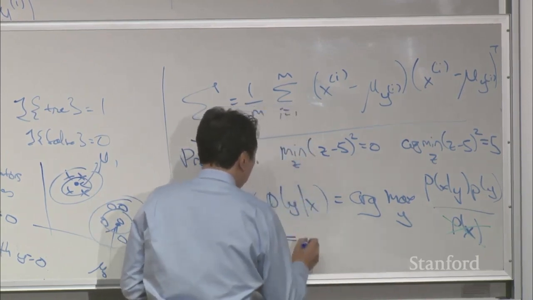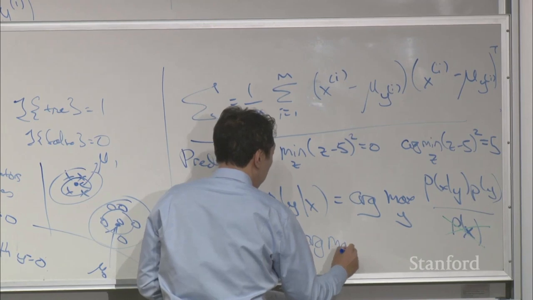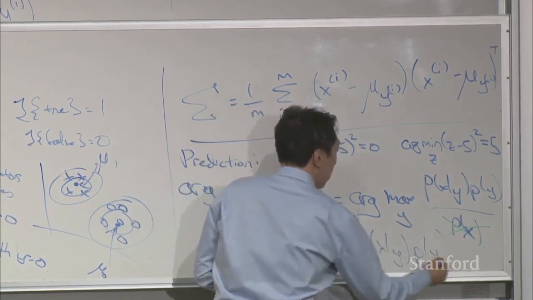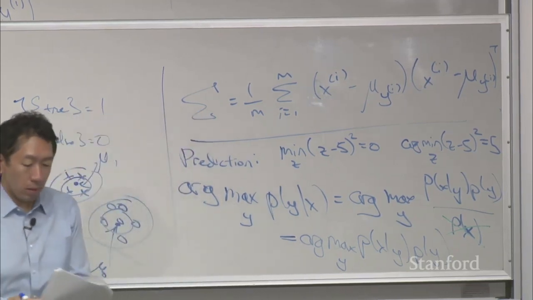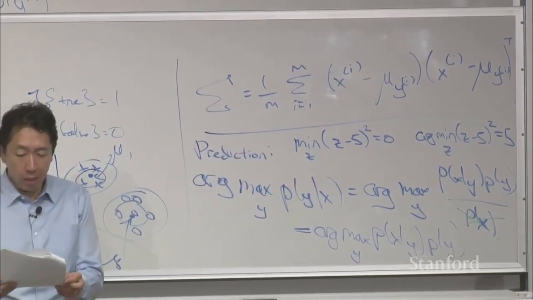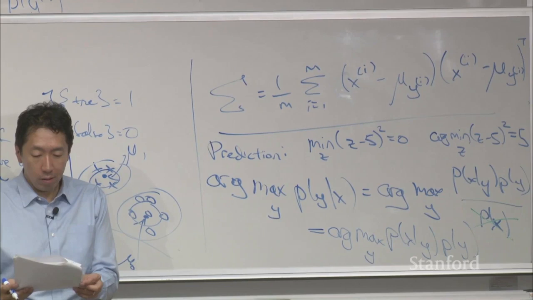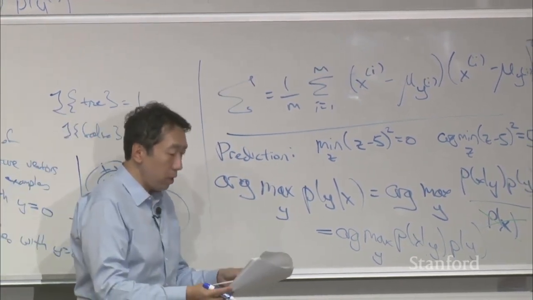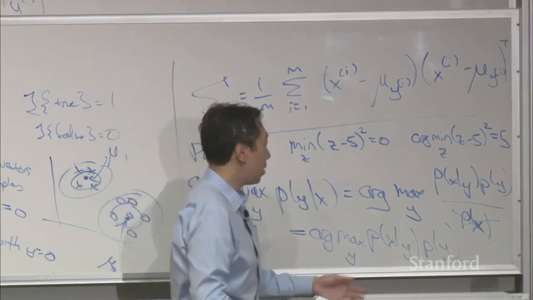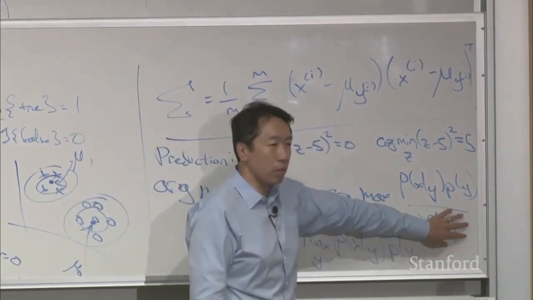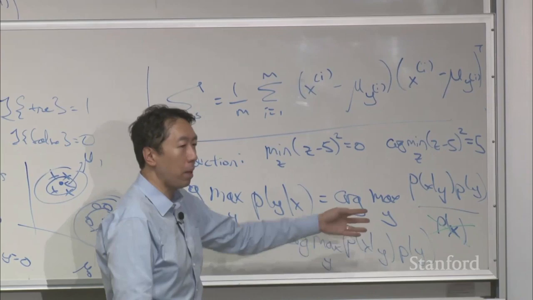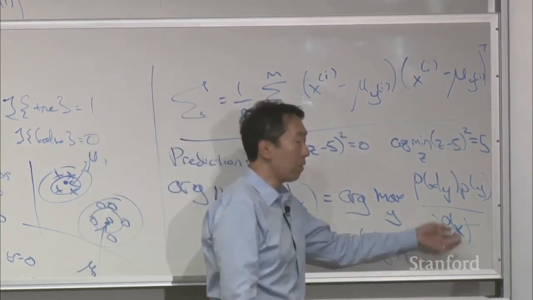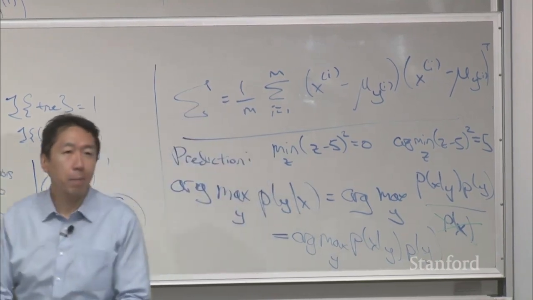And so this is equal to just argmax over y of p of x given y times p of y. Okay? So when making predictions with Gaussian discriminant analysis, or generative learning algorithms, sometimes to save on computation, you don't bother to calculate the denominator if all you care about is to make a prediction. But if you actually need a probability, then you have to normalize the probability.